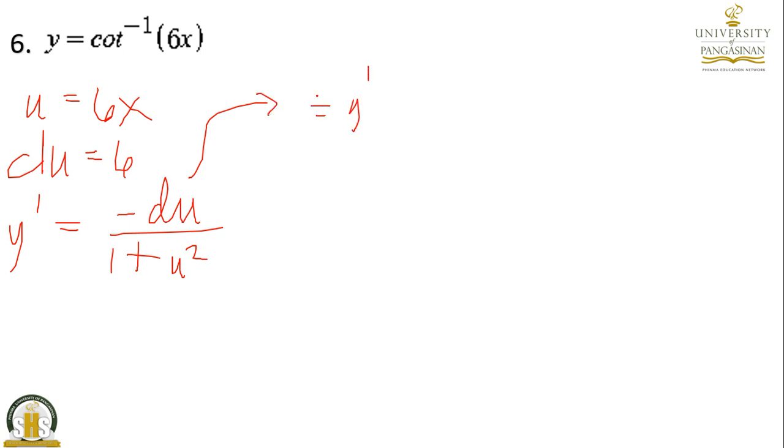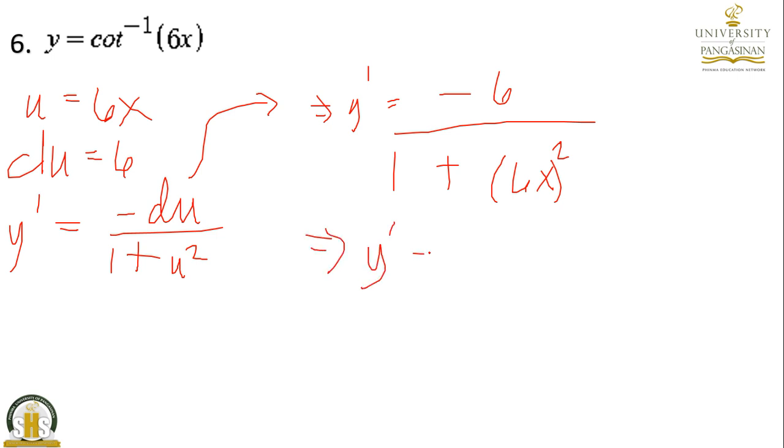Next is substitute na natin. Y prime is equivalent to negative 6 all over 1 plus yung u natin dito is 6x, no? 6x. O, dito. Distribute din natin yan. So, yung ginawa natin sa number 3 na napakahaba, i-distribute natin yan, ha?